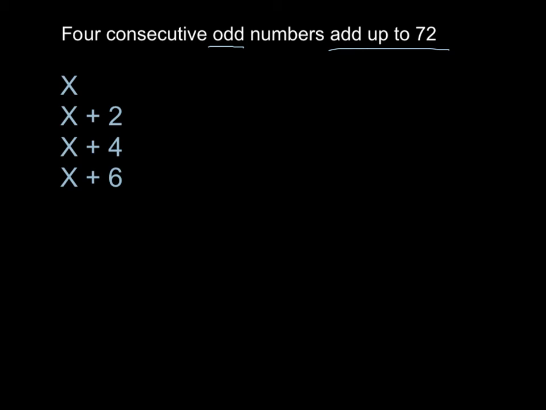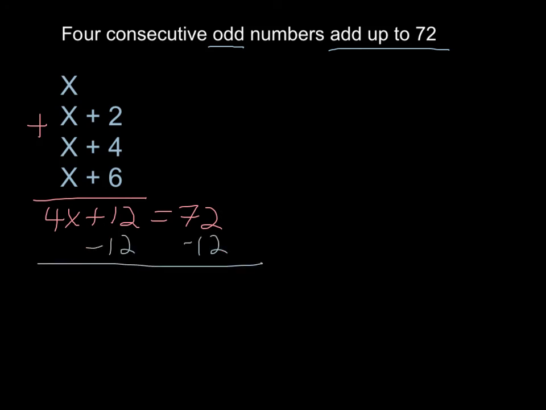So just like in the other problems, I'm going to take the sum of these 4 numbers, and I get 4x plus 2 plus 4 is 6, plus 6 is 12, and set it equal to 72. Now I'm going to subtract 12 from both sides, and I end up with 4x equals 60.